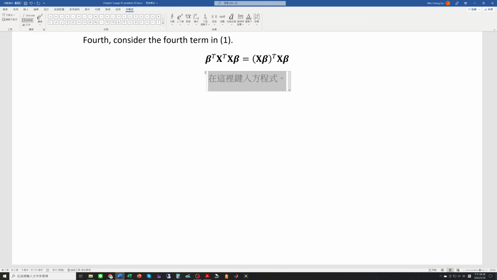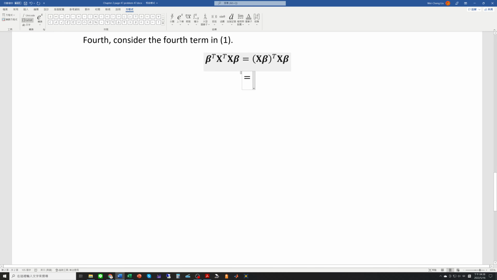So next it is equal to, we know that the transpose of a vector times another vector is equal to the inner product of these two vectors. However, you should note that these two vectors should be real vectors.